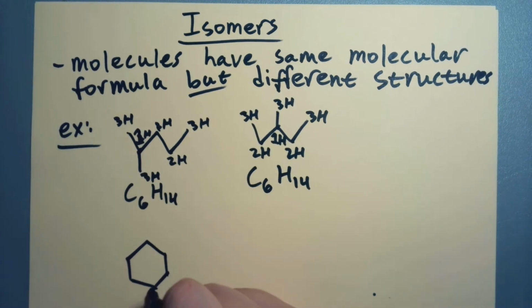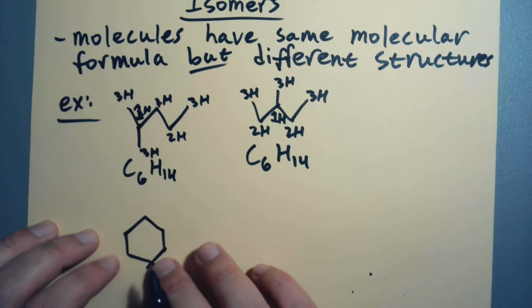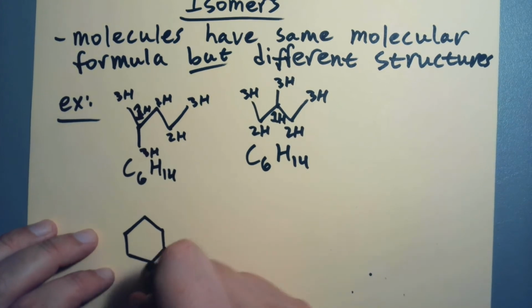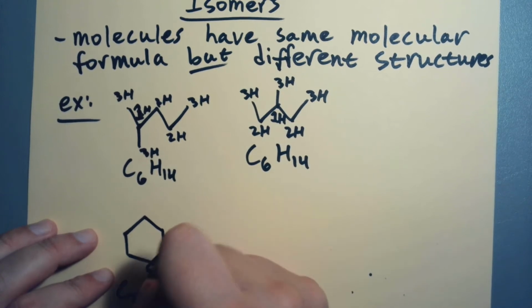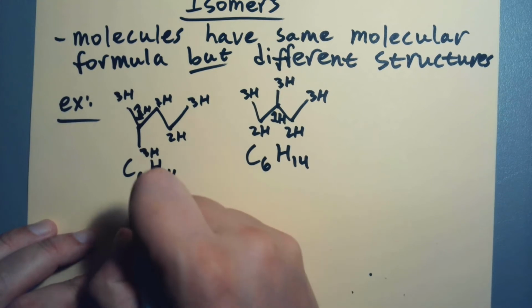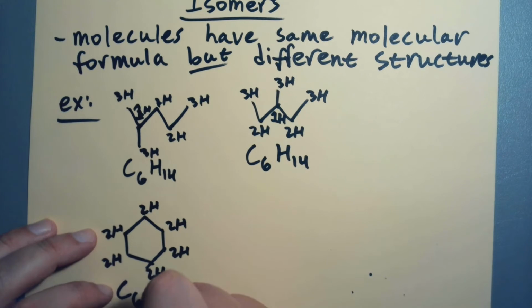Alright, so this is cyclohexane. So this is 1, 2, 3, 4, 5, 6 carbons. And each of these carbons has 2 hydrogens because they each have 2 bonds. And so it's C6H12.